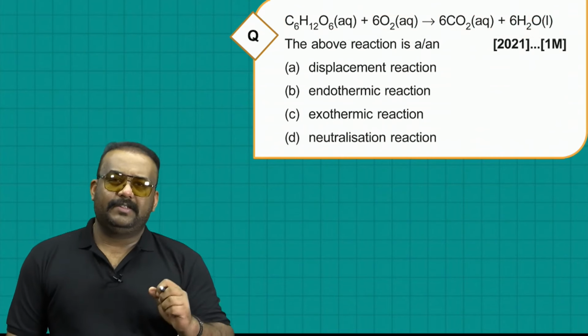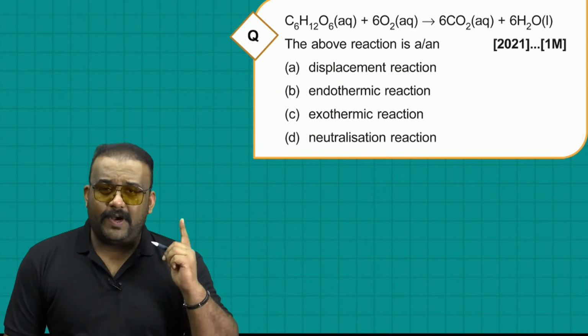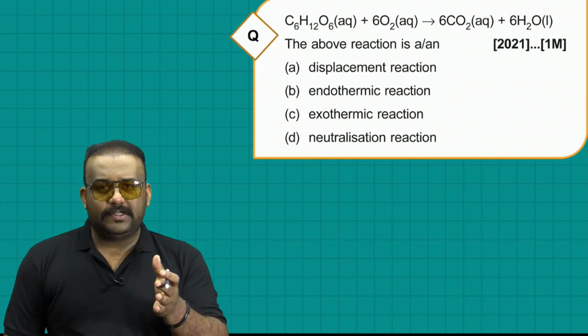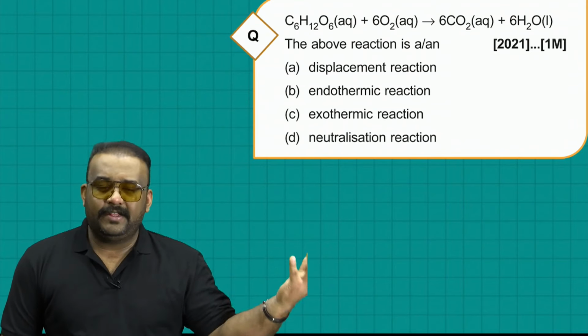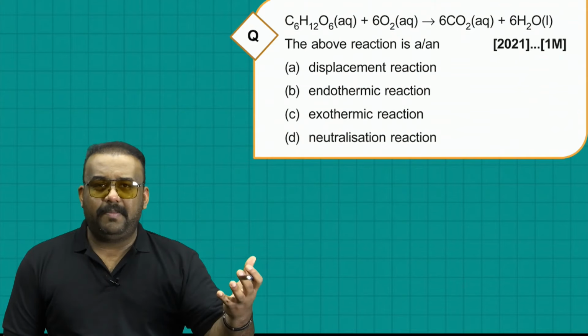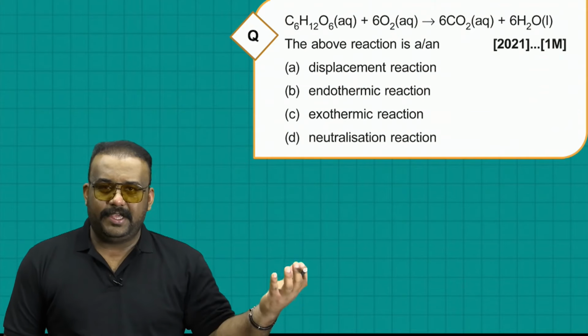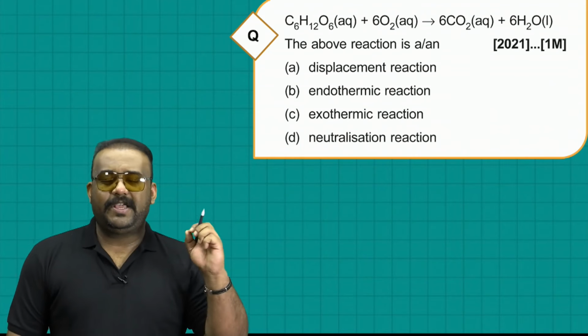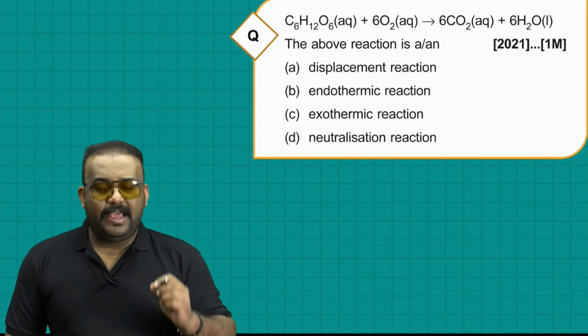And you know that living organisms do aerobic respiration for one purpose. What is that? When you break down a mole of glucose, you are going to get energy. So if any reaction is accompanied by release of energy, that reaction comes under the category called exothermic reaction. Correct?